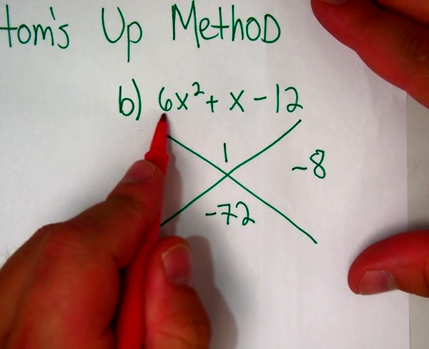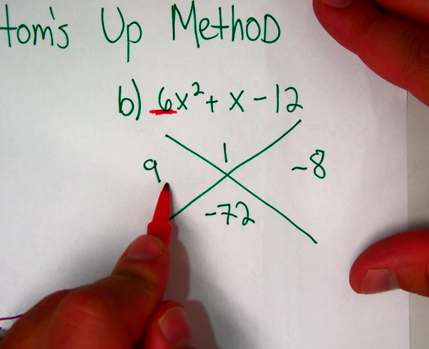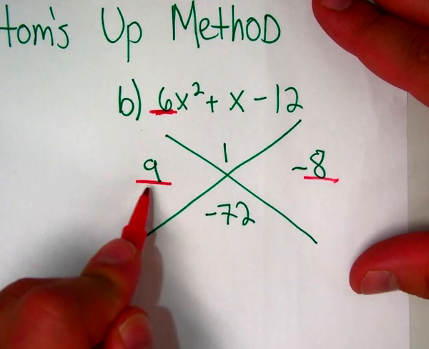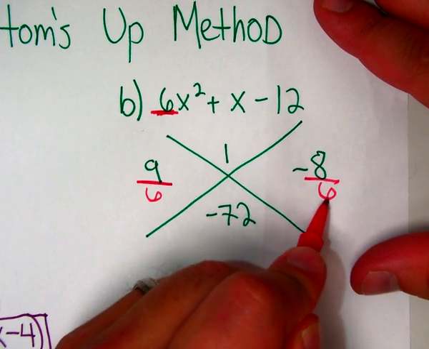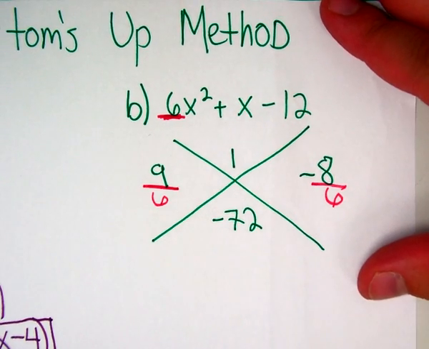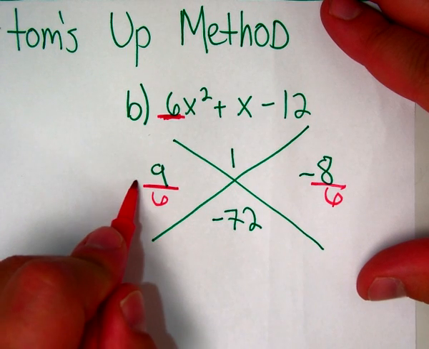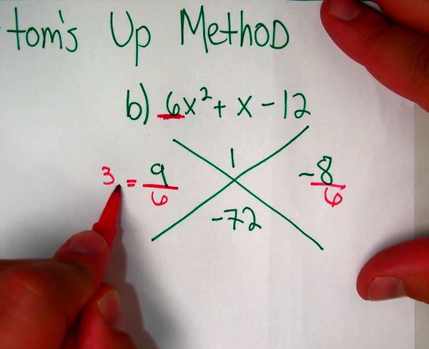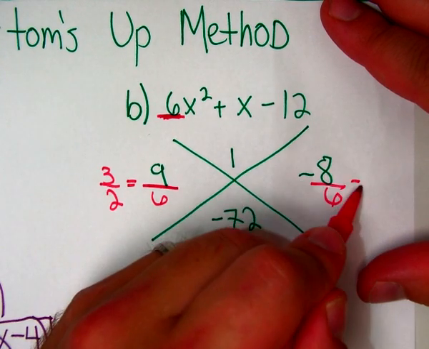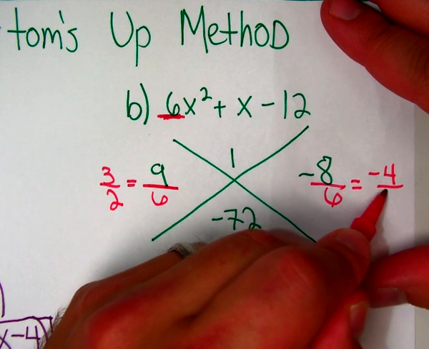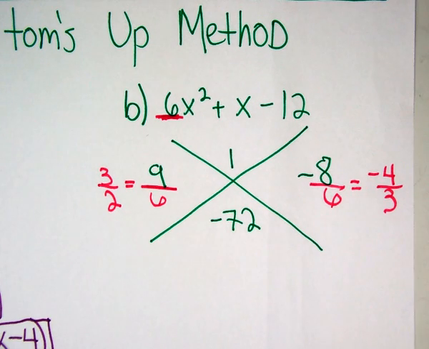We're going to use the A value right here, which is 6, and divide both of these by it. You can't move on until you reduce them, so let's reduce these fractions. 9 over 6 becomes 3 over 2, and negative 8 over 6 becomes negative 4 over 3. Let's use these to write out the factors.